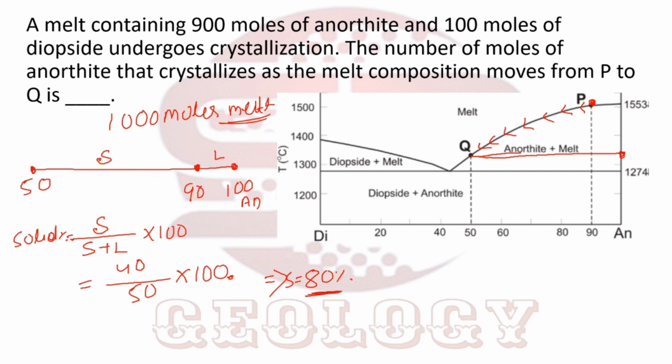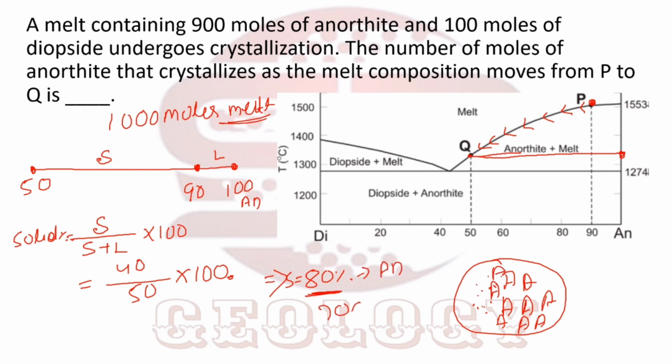So at point Q we have 80% anorthite and 20% melt.